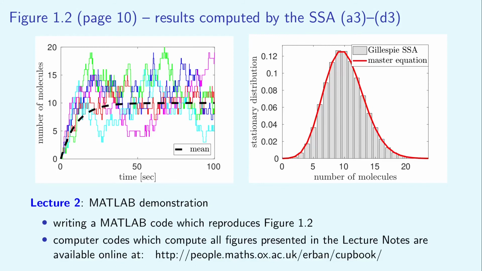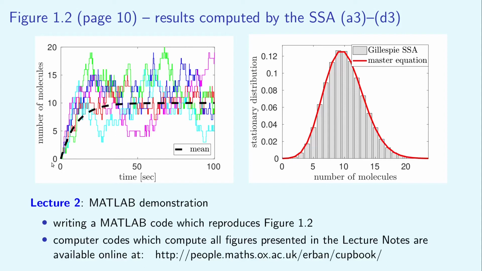Illustrative results computed by the SSA A3D3 are presented in figure 1.2 on page 10. Since computer simulations form an important part of this course, I will discuss in detail in the next lecture how the SSA A3D3 can be implemented in MATLAB. Figure 1.2 has 2 panels. On the left panel, you can see 5 realizations of the SSA A3D3, each starting with no molecules of A in the system at time 0.